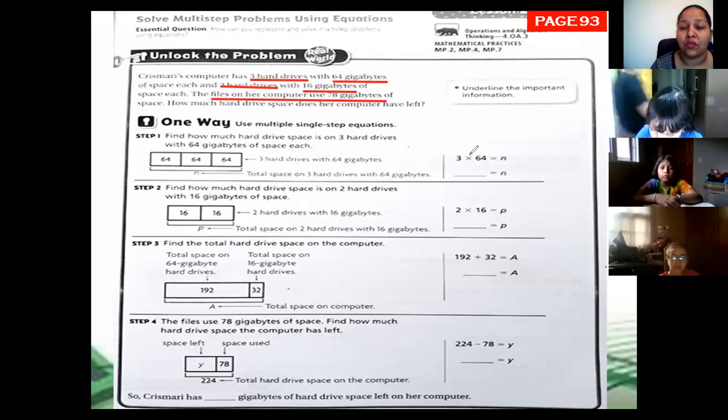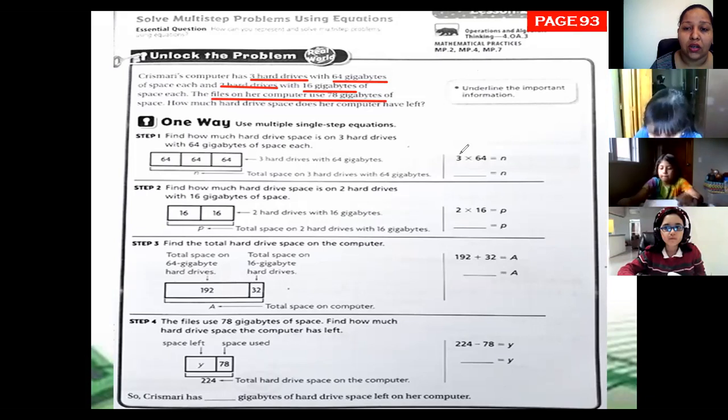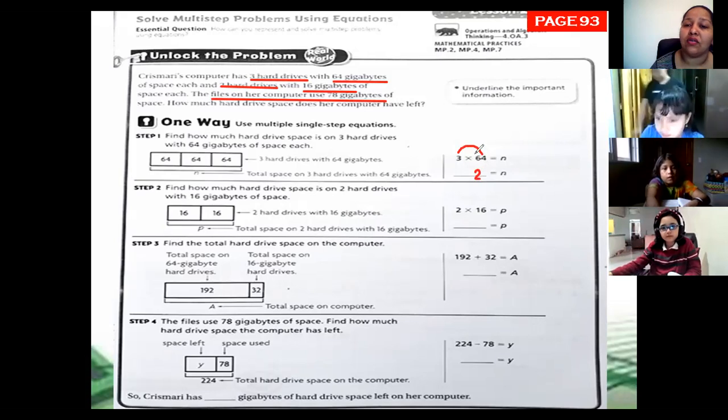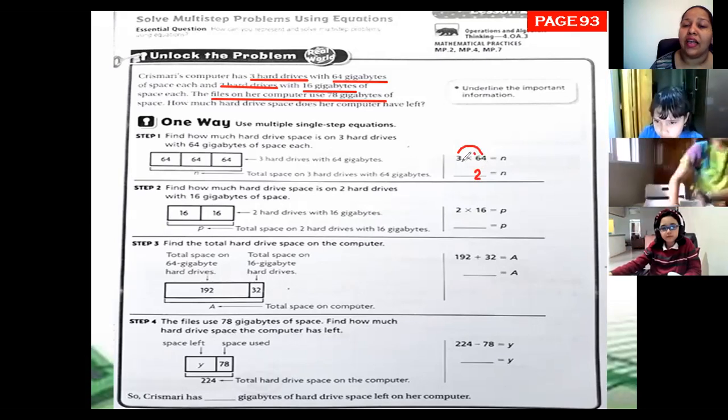See, here we go. 3 times 4, 12. I'm going to write 2 and regroup 1. And 3 times 6, 18, plus 1, 19.